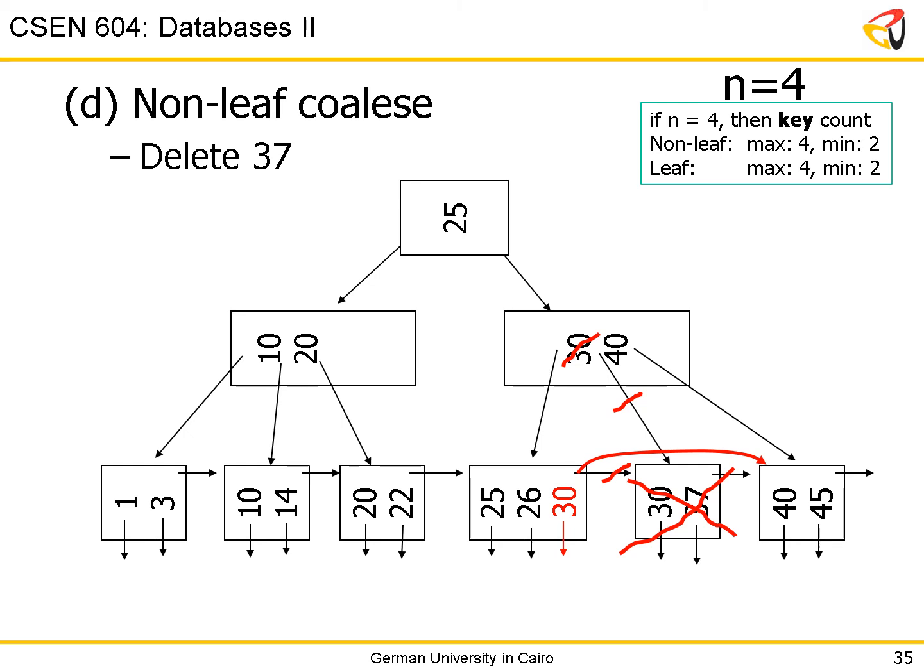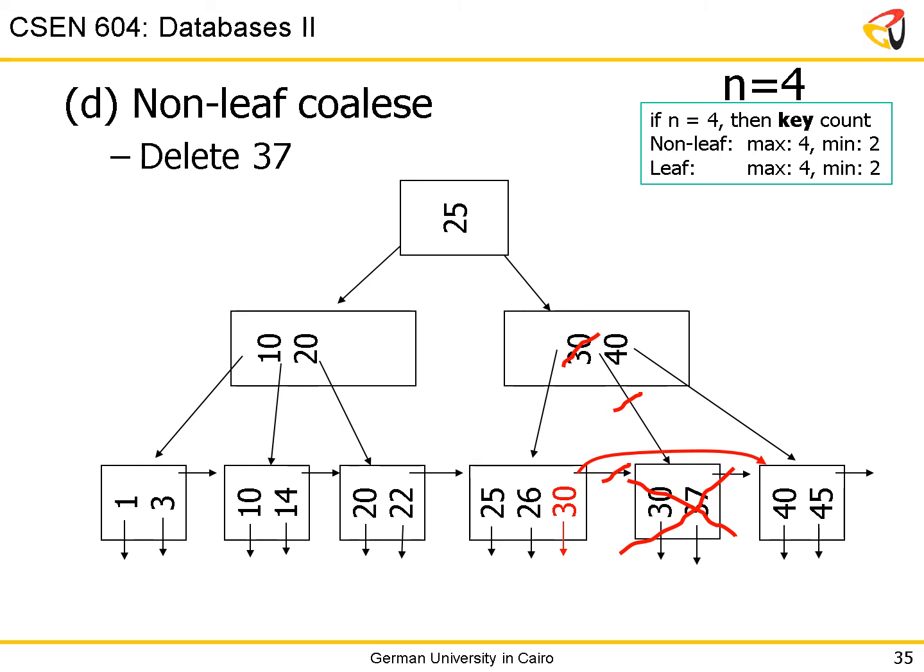But now I have an issue. 40 has 2 references: less than 40, which is pointing to 25, 26, and 30, and greater than 40, which is pointing to 40 and 45. The sibling to it, which is the 10 and 20, already has 3 references.